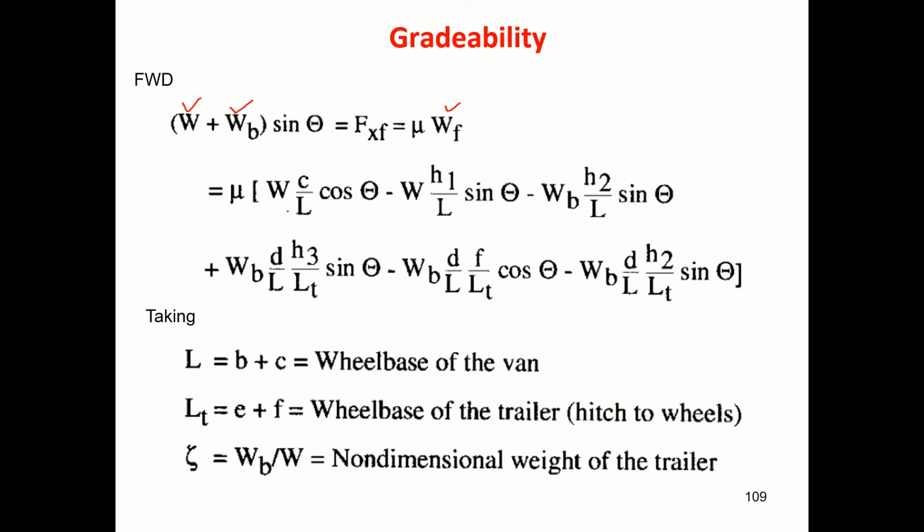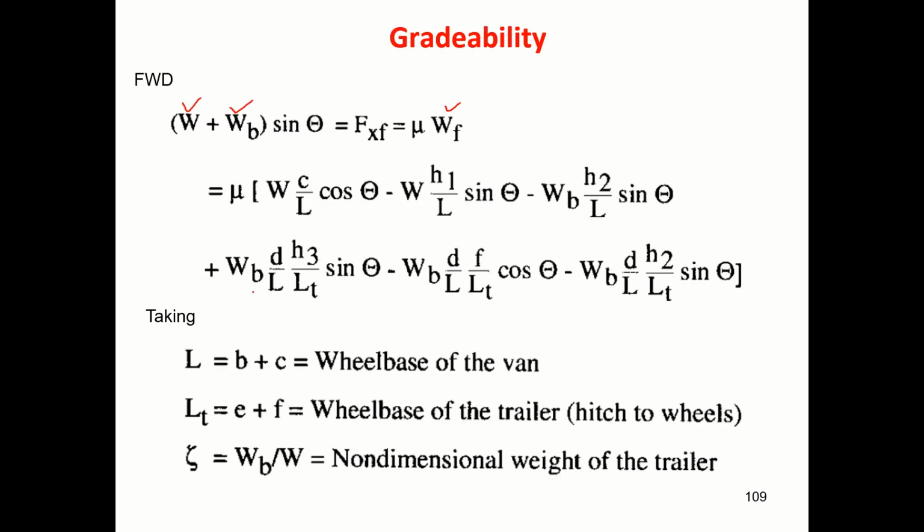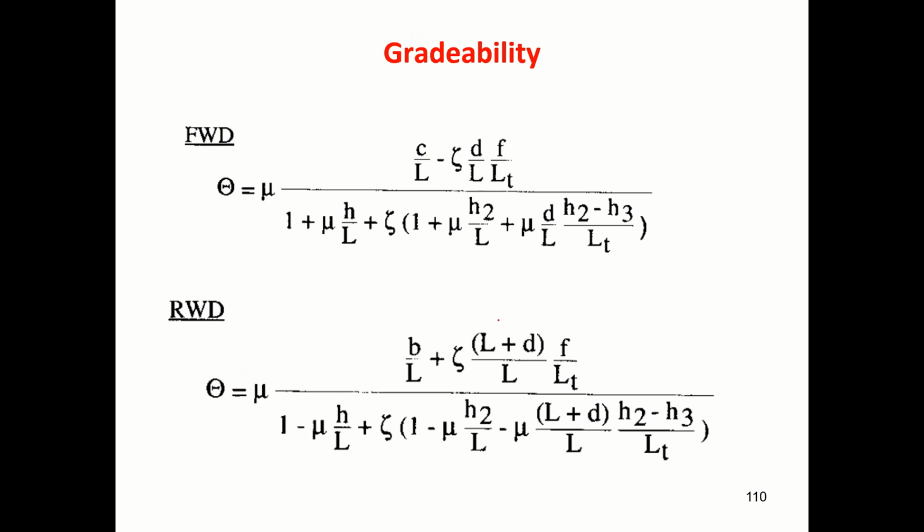Mu Wf you take from here, substitute into it. Okay, let us simplify. B plus C is the wheelbase length. E plus F is the wheelbase of the trailer. WB by W is zeta, the non-dimensional weight of the trailer. Put all this and you will get this equation.